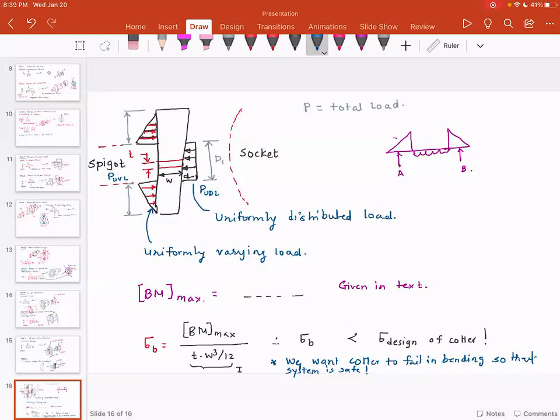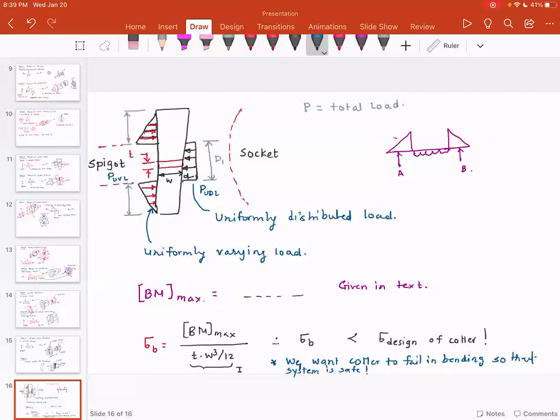So this is how the cotter joint is designed. There are systematic steps, and the textbook follows the exact same steps, but there are some additional dimensions that you want to find out based on empirical relationships.